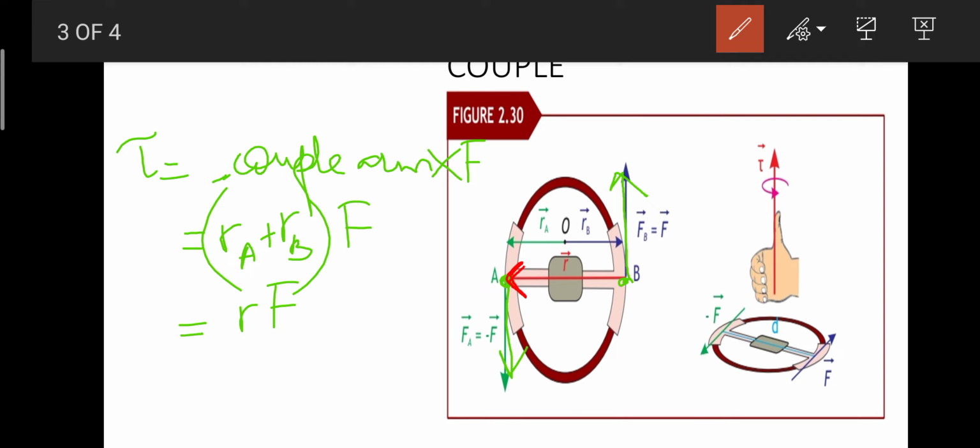And if I curl my fingers starting from R in the direction of F, the direction would definitely be like this. So if I curl my fingers along this direction, then my thumb will indicate the direction of the torque, which is definitely going to be in the upward direction as shown in this figure. So that's how a couple generates torque in the body, and the body starts rotating.